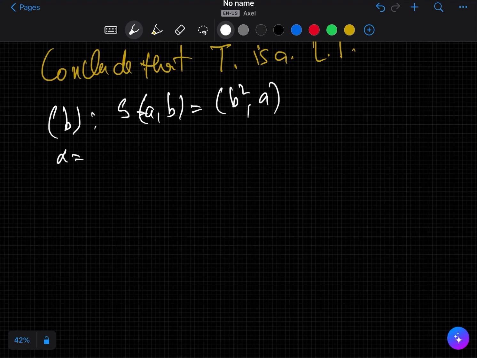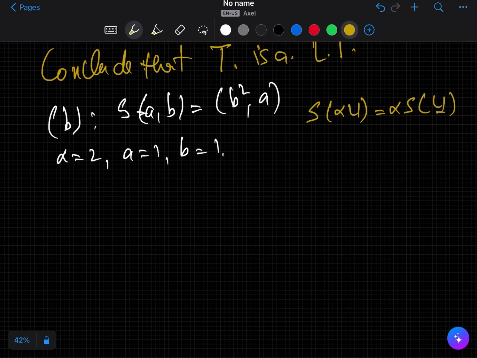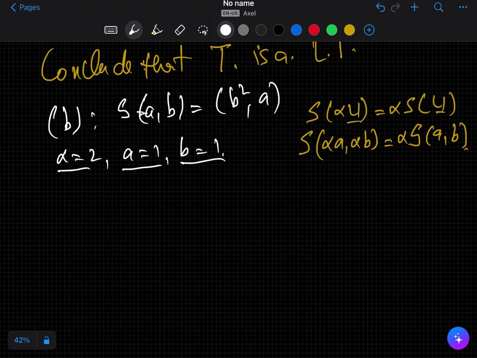We want to check if it is closed under scalar multiplication, that is, if S(lambda u) equals lambda S(u). In this case, we are checking if S(alpha a, alpha b) equals alpha S(a,b).